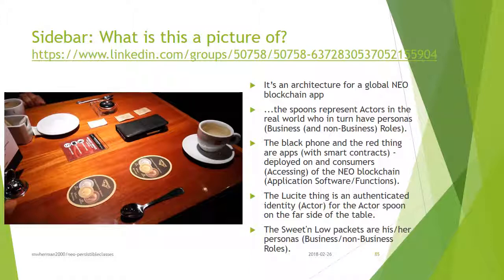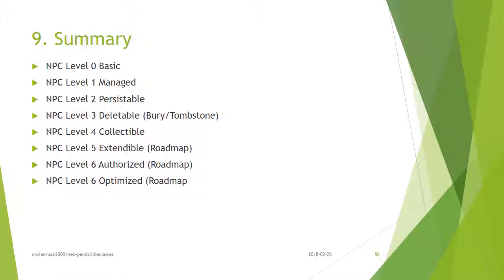The sweet and low sugar packets on the far side represent the personas for the other user, represented by the spoon. That little lucite thing represents an authenticated user. That's their identity. And of course, in the middle, the phone and that red card, those represent apps that are running on the blockchain. I included this, it's totally frivolous.